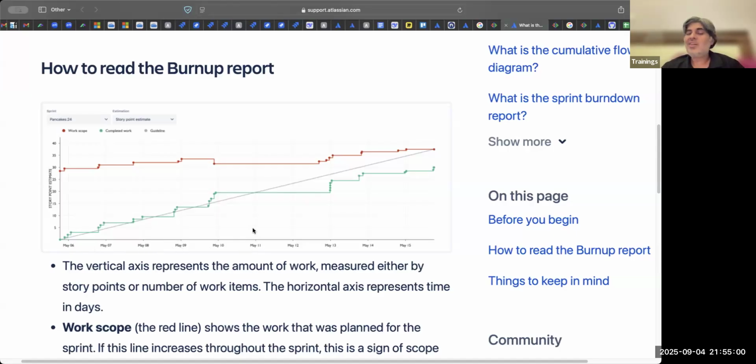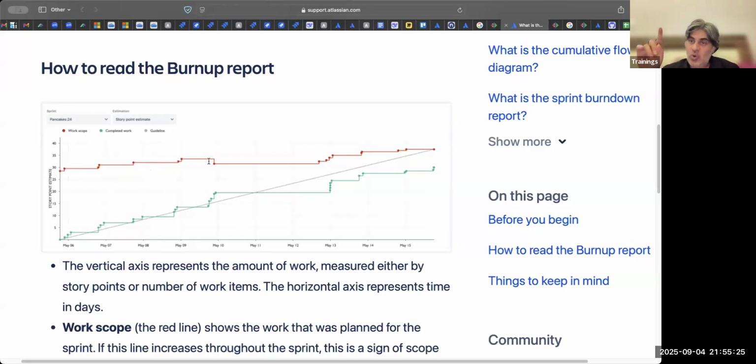This is Saturday, Sunday, or something like that. So we did not do anything. Then these dots mean we closed more points. So the green line shows you what stories we are getting done. The red line tells you what stories are being added in the middle of the sprint. Any scope creep is happening.